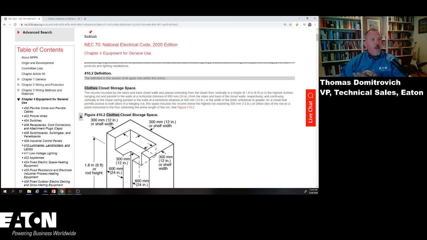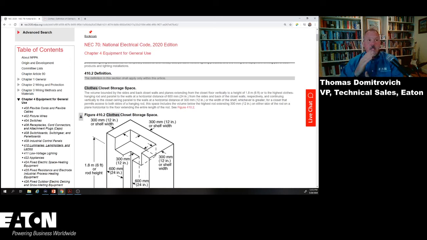So I could make the statement that a closed closet storage space, even if it is nothing but shelves. Now, if it's in a kitchen, I'd have a hard time arguing that's a closed closet. If I have something inside of a bathroom or in a bedroom that would have nothing but shelves and a door, I could make an argument that that could be a closed closet based upon the area.